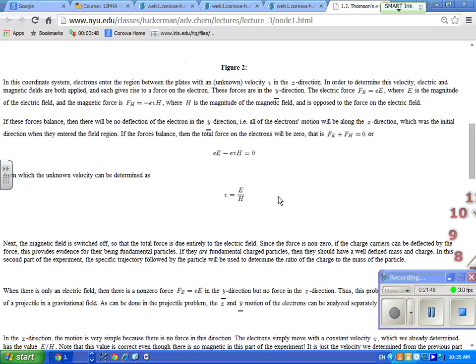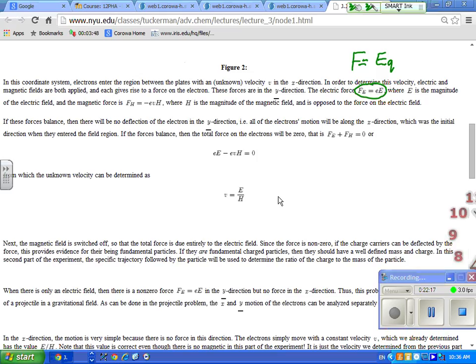So for us, that equation should read F equals EQ, because we use the symbol Q for charge, or QE. We actually know that formula, it's just written in a different way. Their little e there is the same as the Q that we use in our formula.